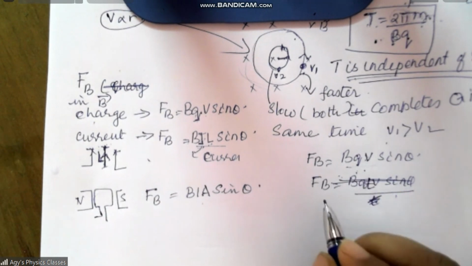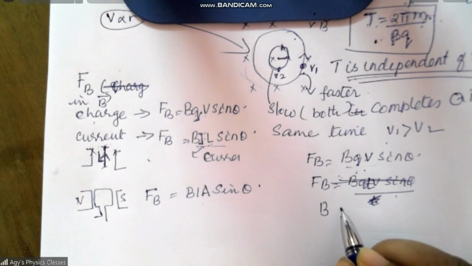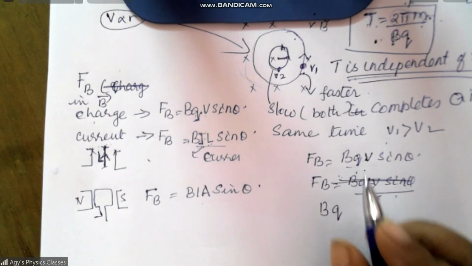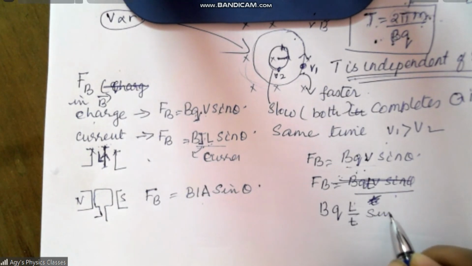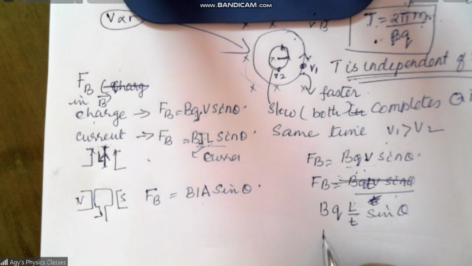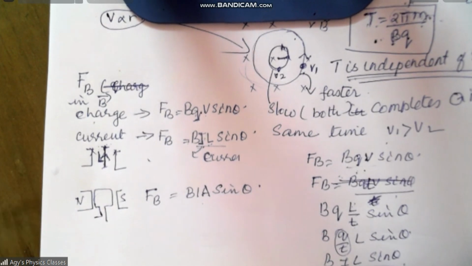Distance is length. So Q into velocity is equal to length by time, into sine theta. Now you rearrange: B into Q by T into L sine theta. Q by T is I. That is why you get BIL sine theta.